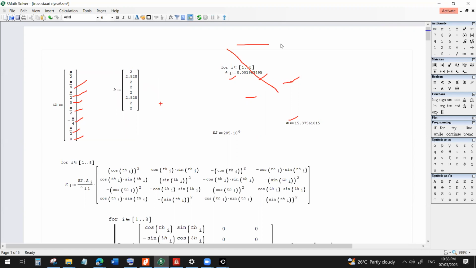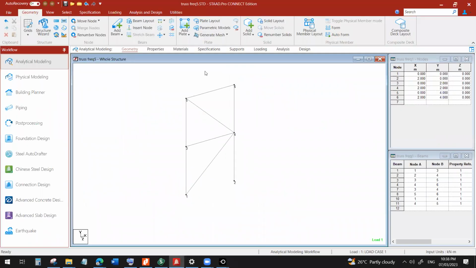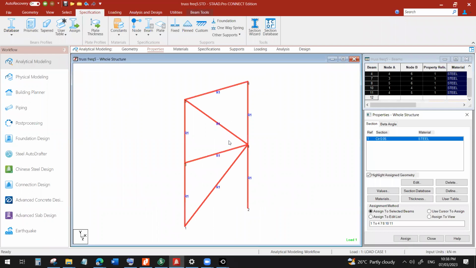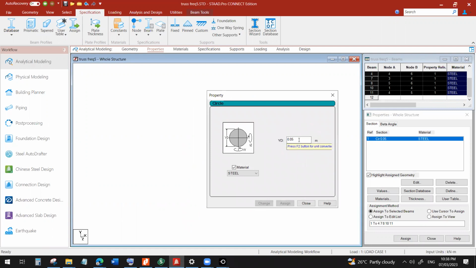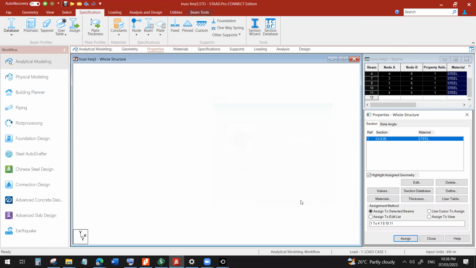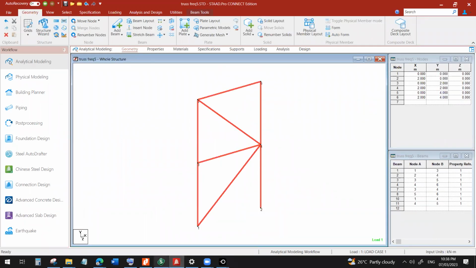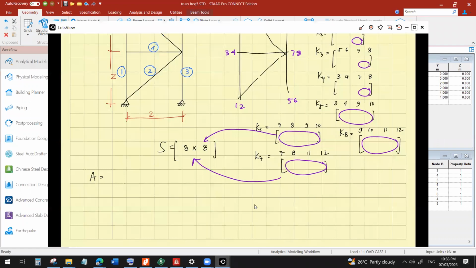Next, what about the area? So, ito na yung ano niyan. Properties. So, I assumed a 0.05 meter diameter na steel. So, if you compute for the area of that, area is equal to pi d square over 4.